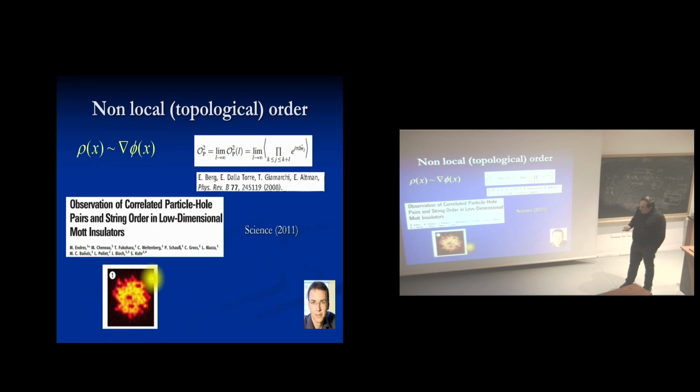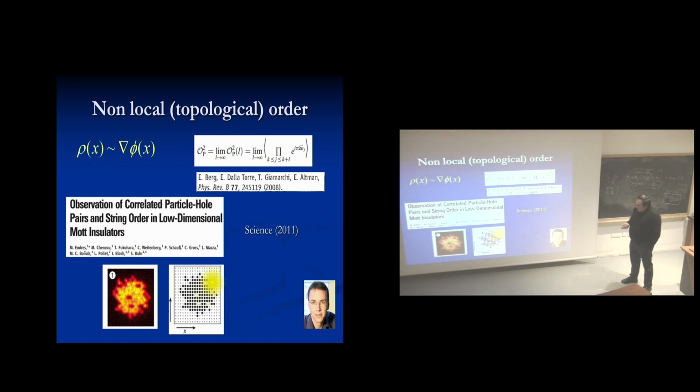This is a 2D plane, but then they do slices. They have the capability to measure site by site whether a site is occupied by a particle or not. So if you have this capability, you measure this thing, and then you repeat the measurement, and by repeating the measurement, you get the quantum average.